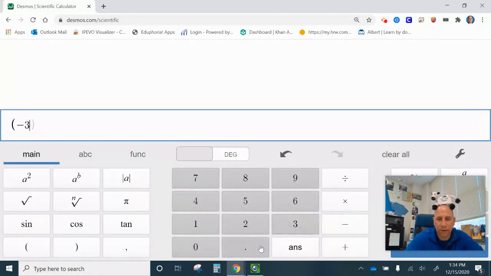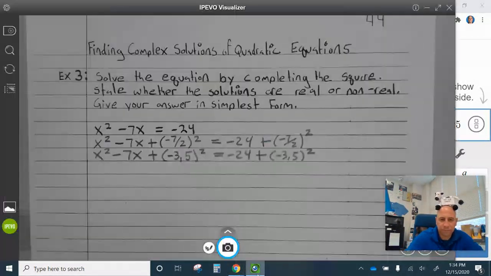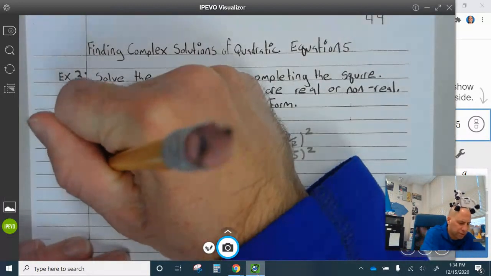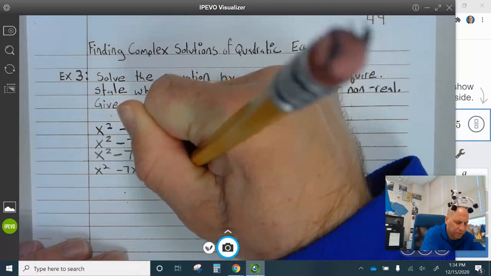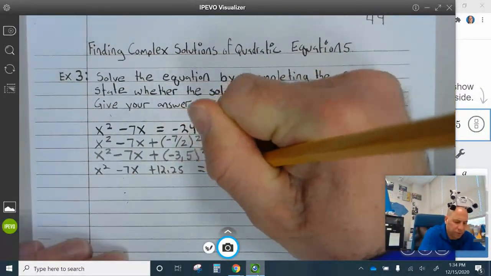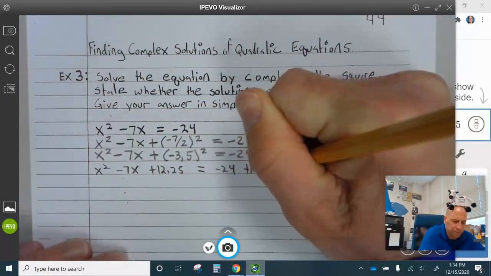So parentheses, negative 3.5 squared is 12.25. Okay, so that's x squared minus 7x plus 12.25 equals negative 24 plus 12.25.